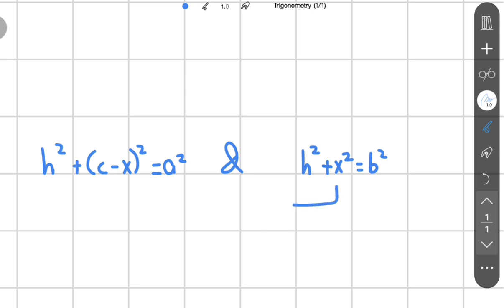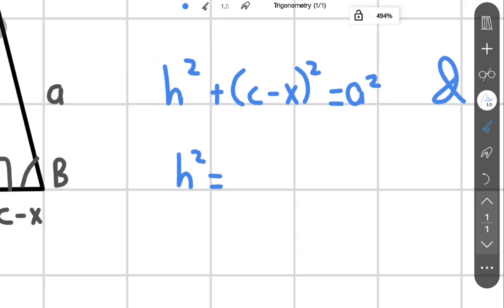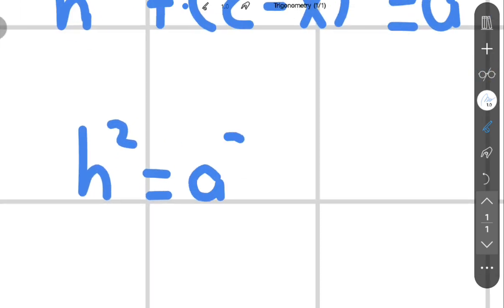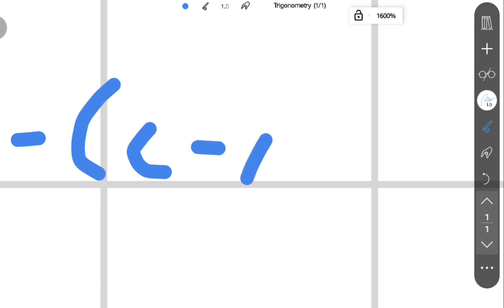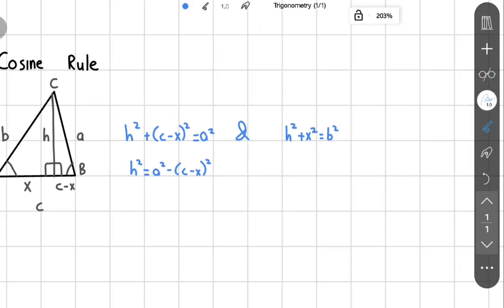So if we put these together, h squared equals a squared minus c minus x all squared. Now I can start equating them.